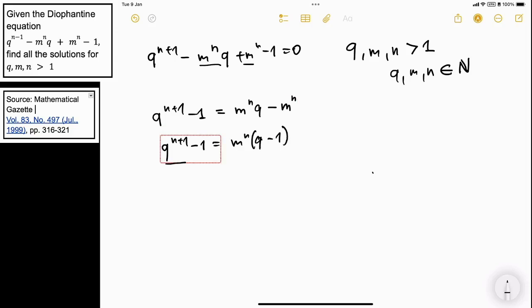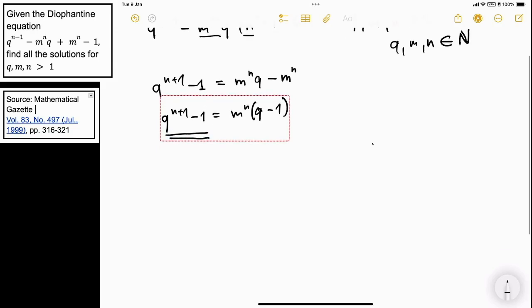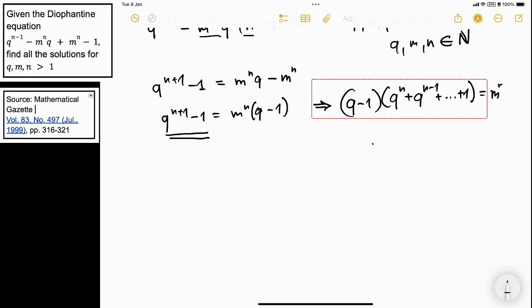Then we use a well-known formula for q to the power of n minus 1, which would be basically q minus 1 times (q^n plus q^(n-1) plus ... plus 1). This equals m^n times (q minus 1).